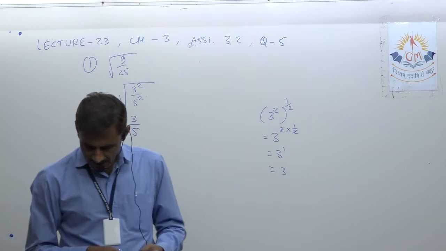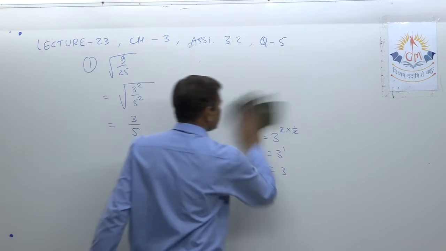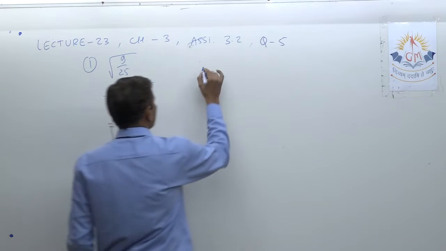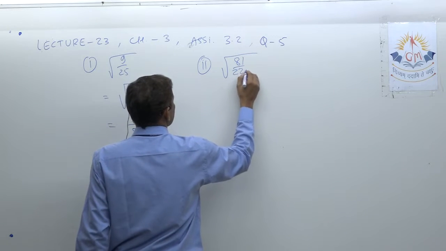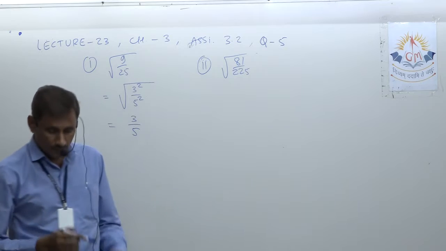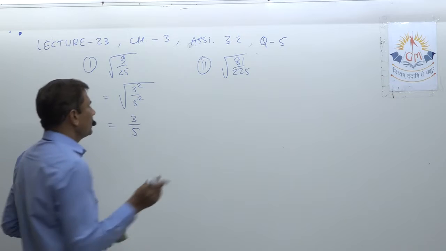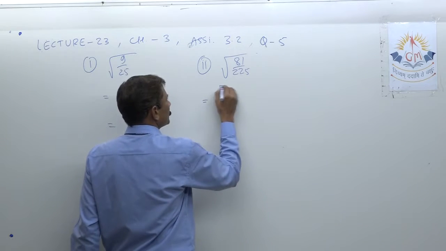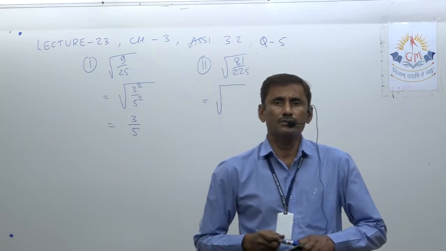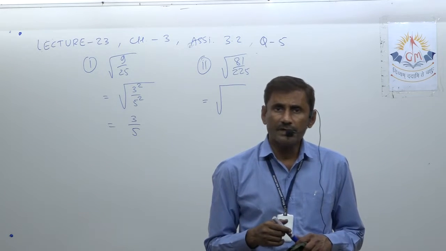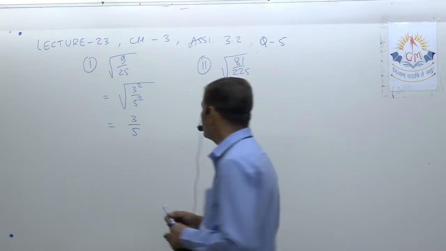Now look at the second one. 81 upon 225 is there. We apply the square root here. Why? Because they asked to find the square root of the given number. Again, I told you, just remember the squares of numbers from 1 to 25. It's very useful here, not only here, anywhere, in other lessons also.